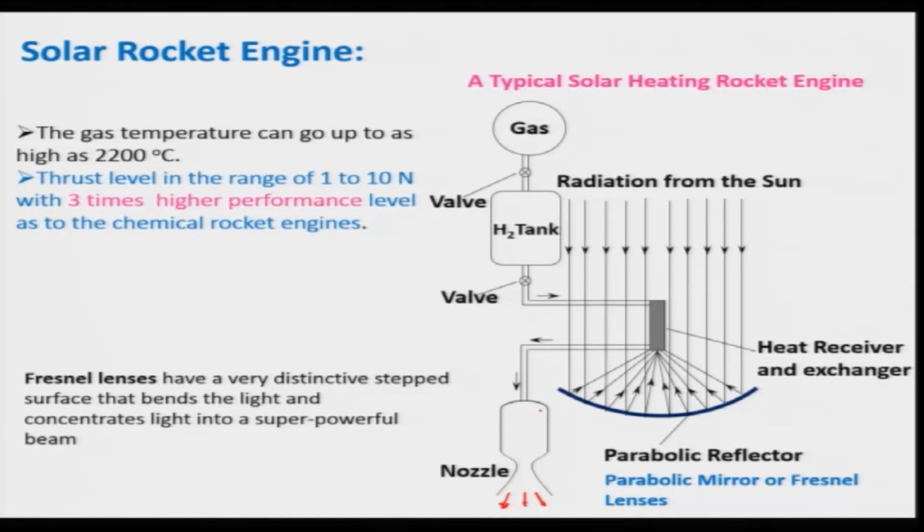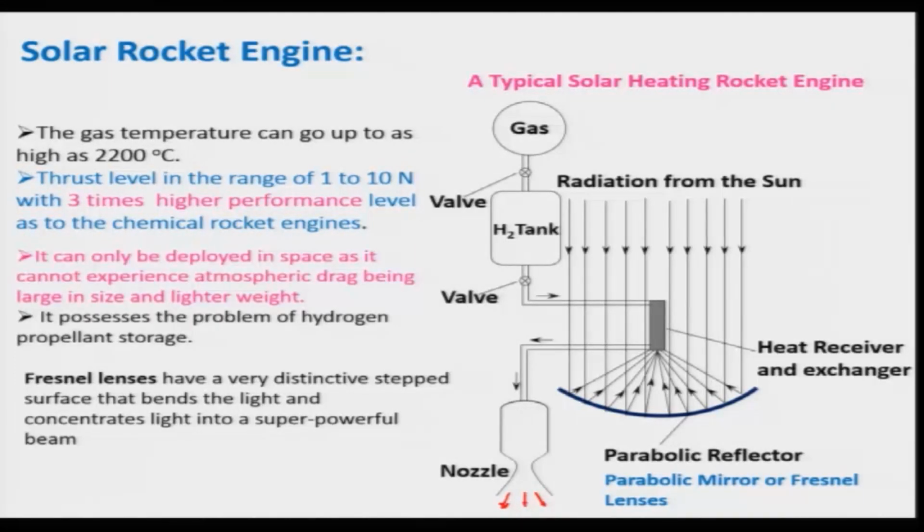Of course, one can go a little further depending on the material and the kind of propellants being used, and a thrust level in the range of 1 to 10 newtons with 3 times higher performance level as compared to the chemical rocket engine can be achieved, but the level of the thrust is quite low as compared to the chemical rocket engine. And it can only be deployed in space as it cannot experience the atmospheric drag, being large in size and lighter in weight.